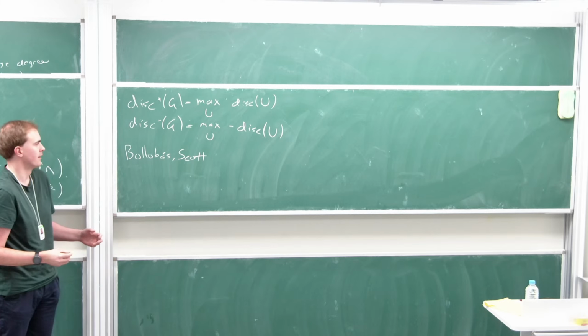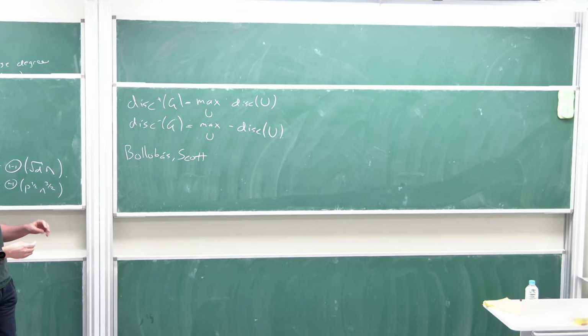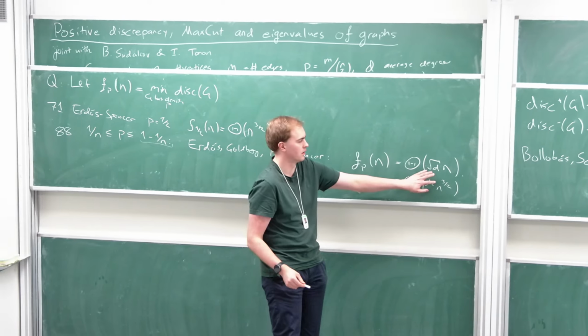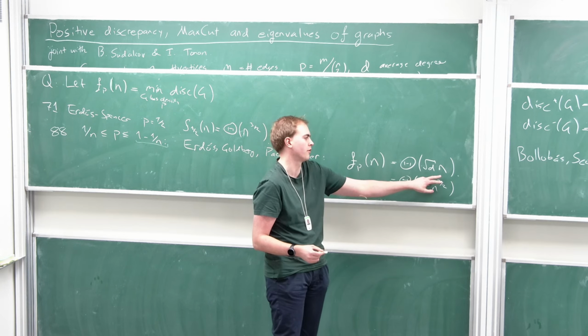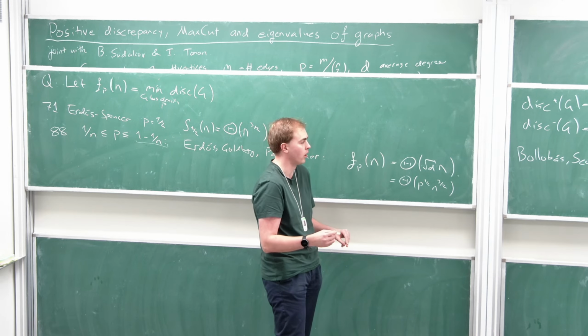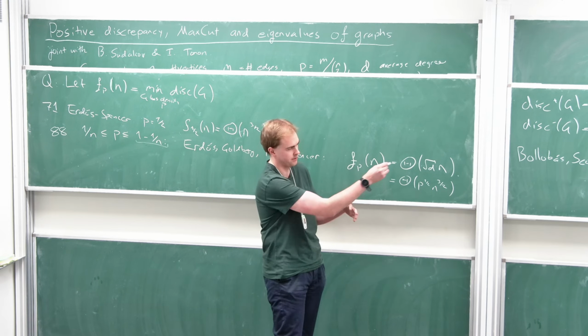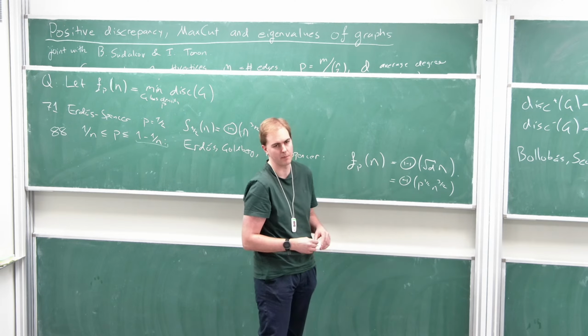essentially proved that if your discrepancy is close to being this small, then actually both of them must be of this magnitude.